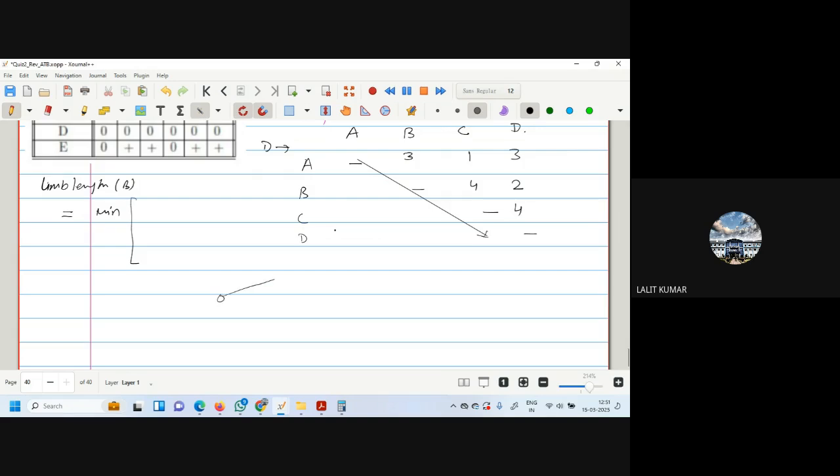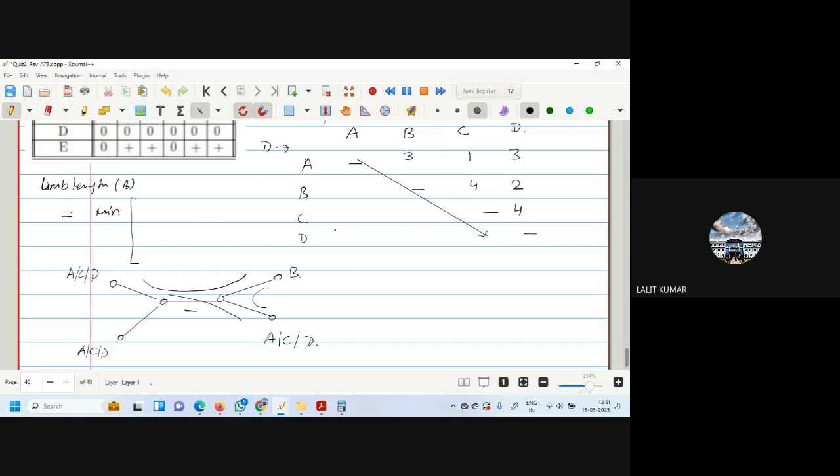So this is B. I don't know what is there here. Here it can be A, C, or D. Here it can be A, C, D. Here it can be A, C, D. So limb length is minimum of this plus this minus this divided by 2, and check for all the combinations.